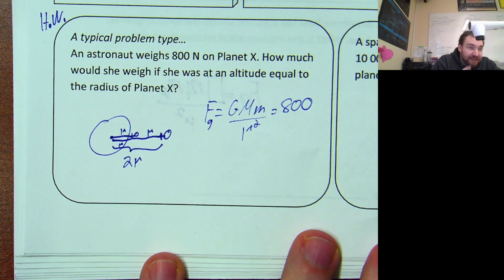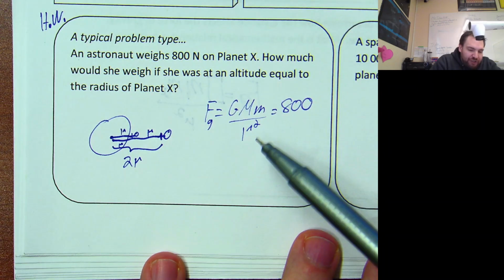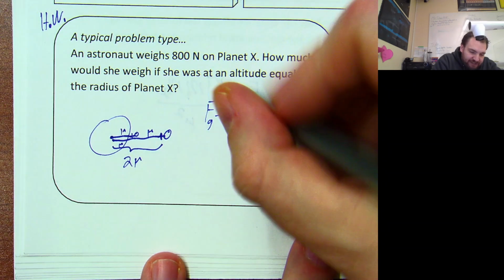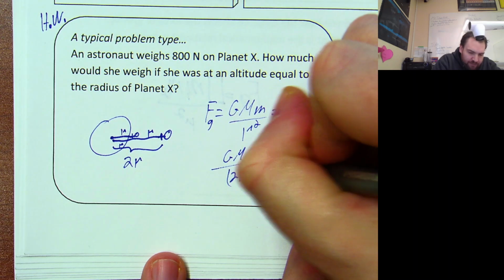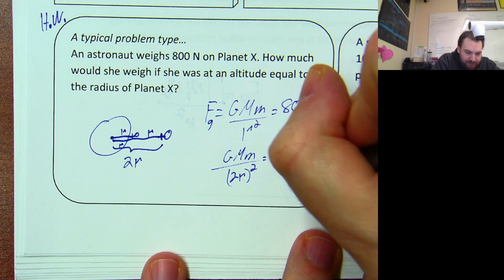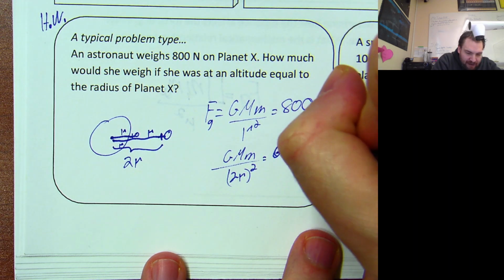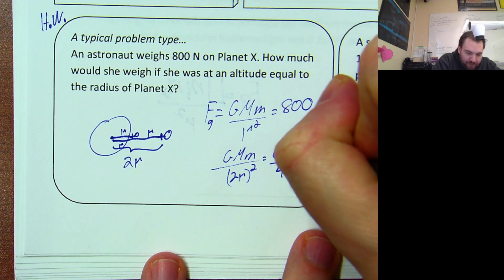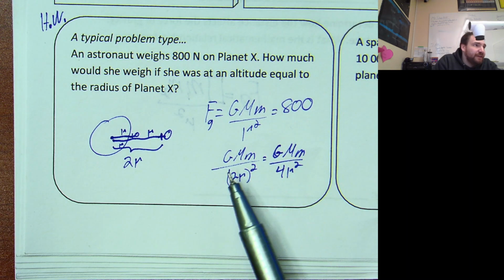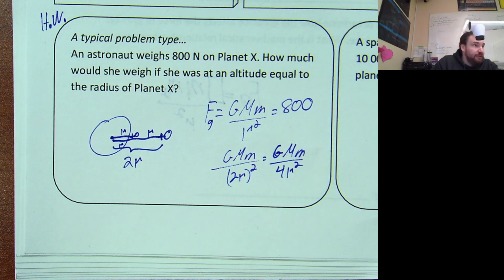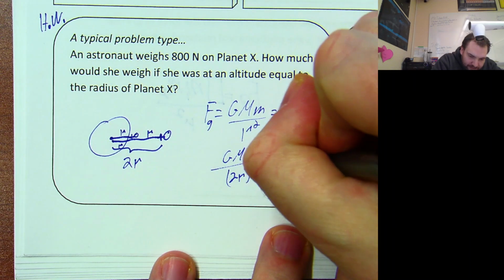What happens if instead I put 2r in the bottom here? Well, that's just going to be GMm over 2r all squared, which is going to be GMm over 4r squared once I solve that. Do we see what I've done here? Now my question to you is this: what is this piece equal to?